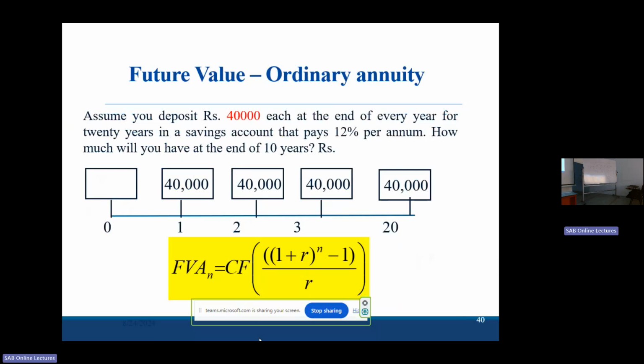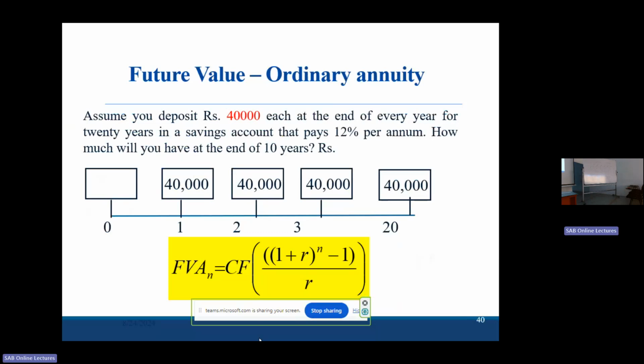When we do time value calculations, that is given. So if you deposit 40,000 monthly, your cash flow frequency per year is 12 times. Suppose in this example, you deposit this 40,000 monthly, at the end of each month, in an account which pays 12% per annum compounded monthly.